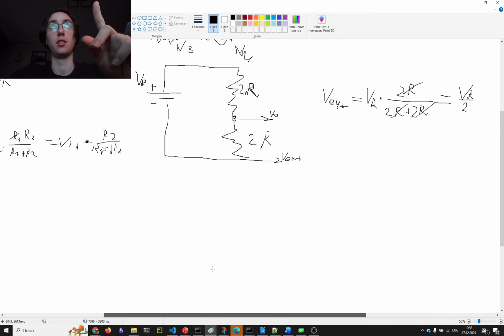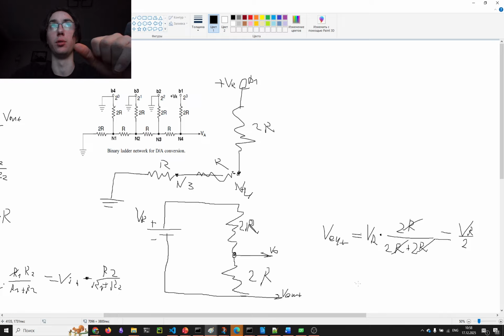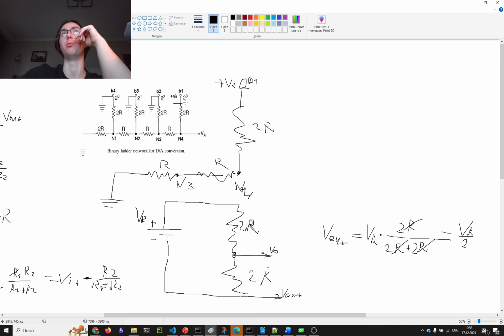Let's assume that we had not the third bit equal to 1, but for example the second one equal to 1. How would the formula change? We actually would still have 2R here, but we would also have 1R here.